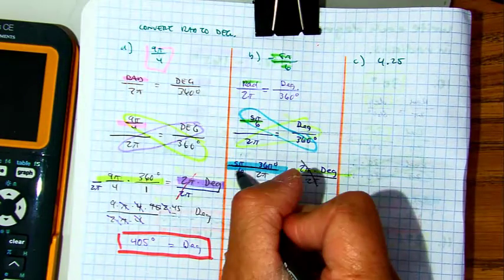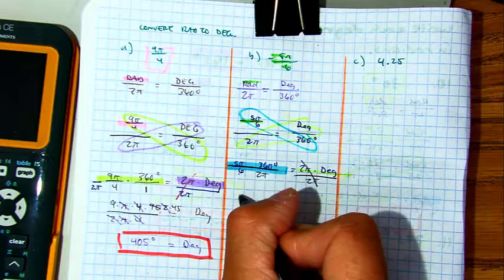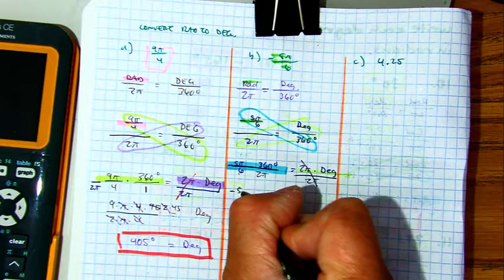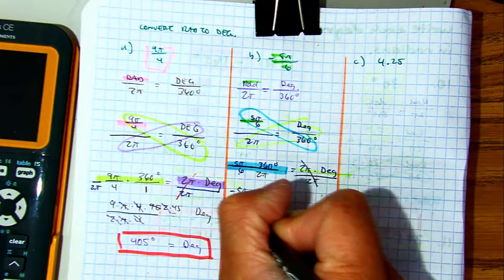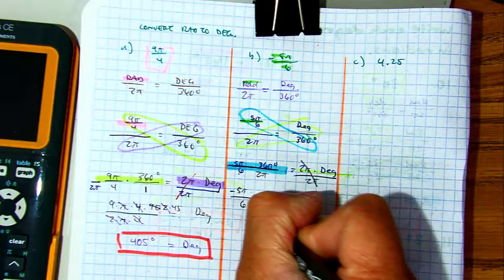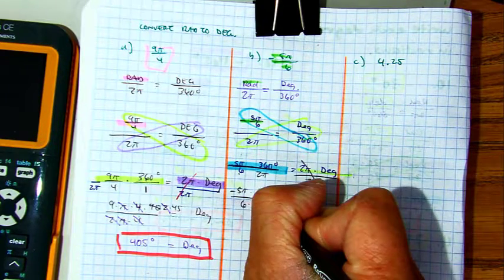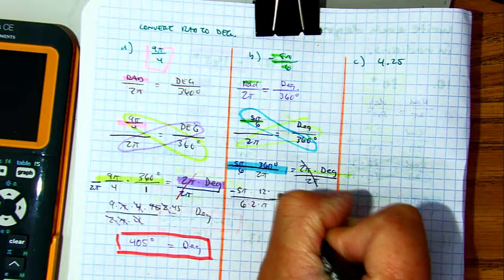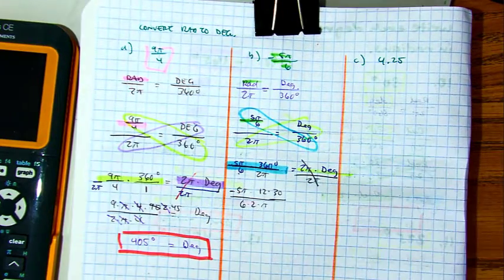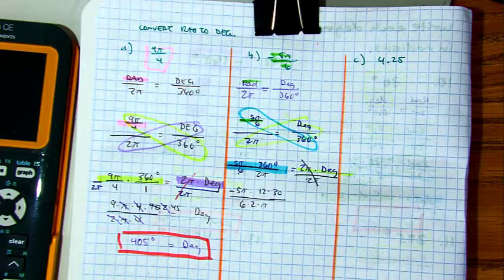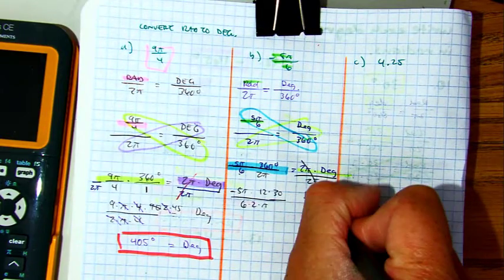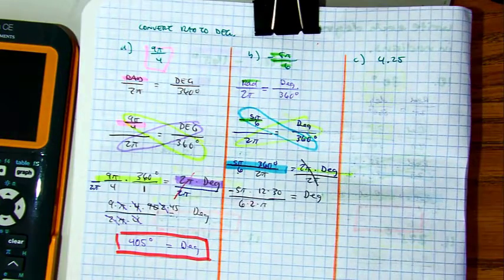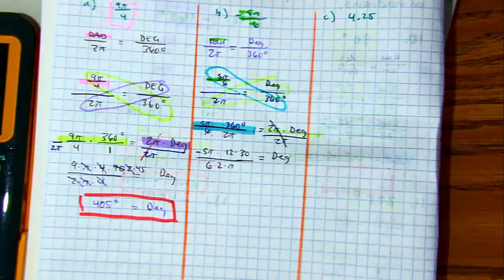I need to solve for degrees, so my 2 pi is going to go right there. I see a 6 there, I see a 2. Negative 5 pi, so that's really 12, right? So 360 degrees is 12 times what? 30. Now if you did it differently, it's okay. The main idea is that we're reducing our fraction to be the same.